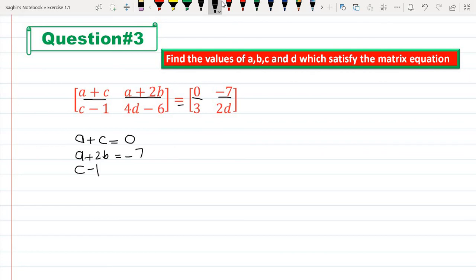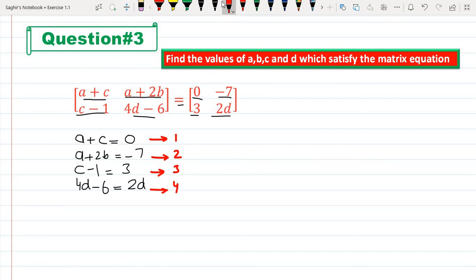C minus 1 is equal to 3. 4D minus 6 is equal to 2D. All corresponding entries are equal because of the equal sign. Now you can say this is equation number 1, this is equation number 2, this is equation number 3, this is equation number 4.